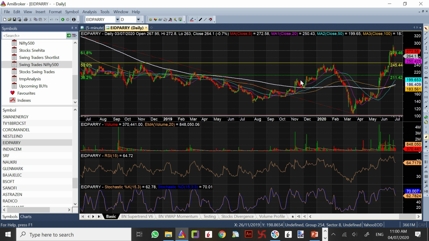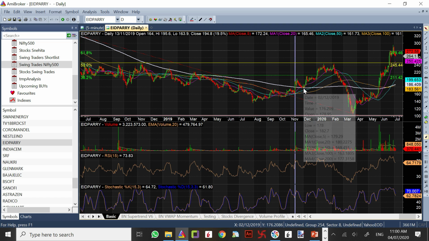Then here when it crossed the 200 DMA, it had a huge volume, it crossed up, and when it dipped, it took support again, right? So before crossing it was a resistance, then it dipped, it became a support, just like any other support resistance line. So it respects this 200 DMA line and gave a good upside.